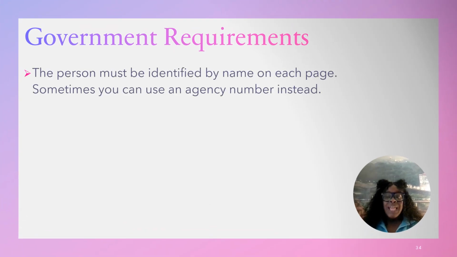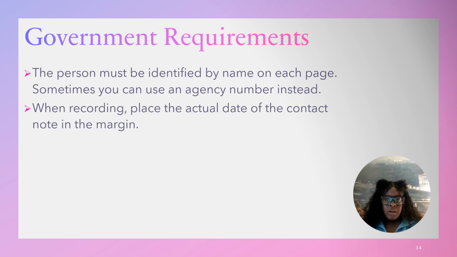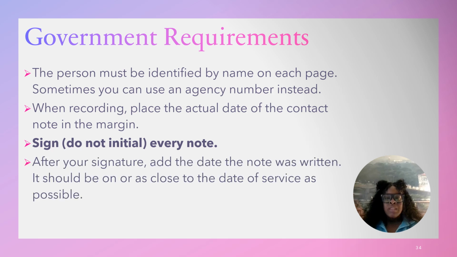As well, the client's name should be on each page, or the agency's number if required. When we are recording our notes, the date of contact must be in the margins. Every note must be signed. As well, it should be dated. This should be done close to the day that the client was serviced.